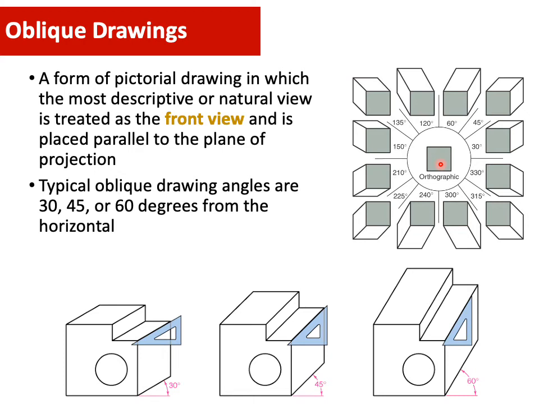The typical oblique drawing angle is around 30 degrees. Here this is 30 degrees. It can also be 45 or 60 degrees. So this is a typical or generally drawn oblique type.